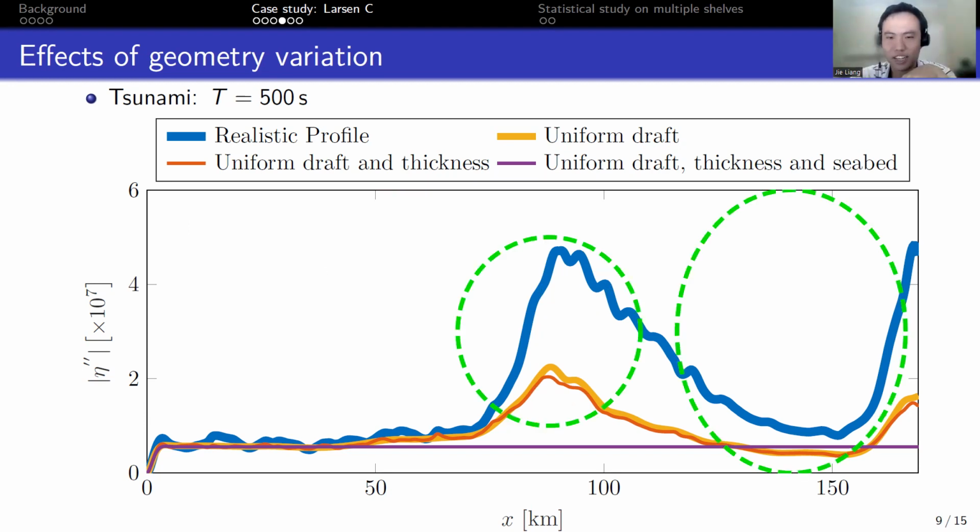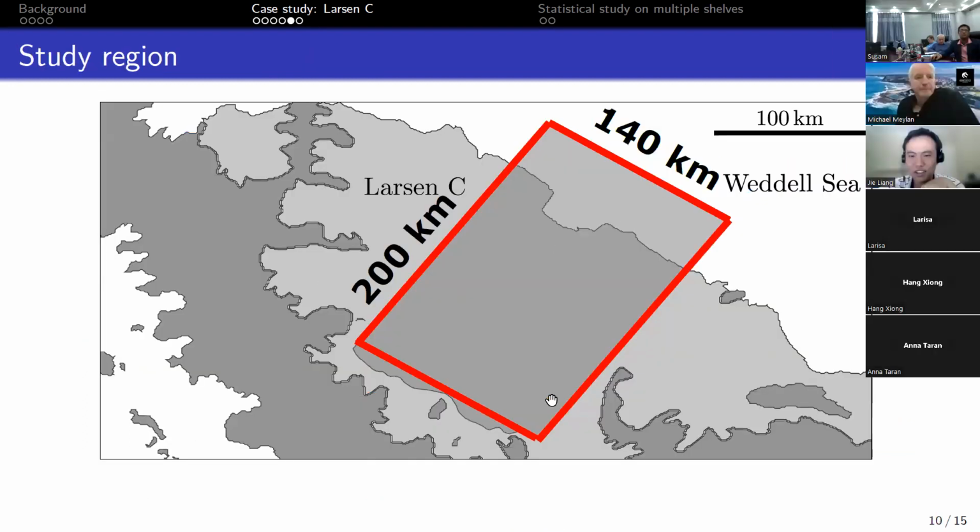I chose this particular area, 140 kilometers across the coastline and 200 kilometers into the ice shelf, as the study region to analyze how the geometries affect the ocean waves.